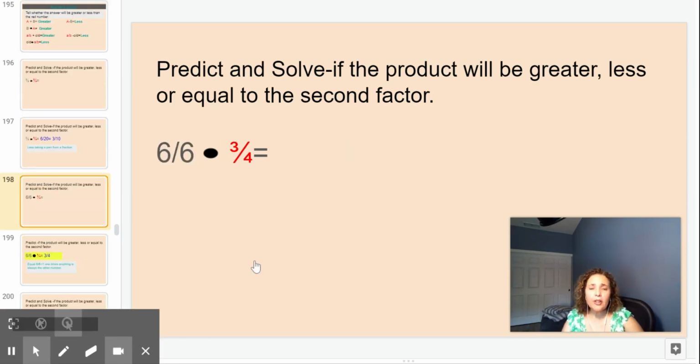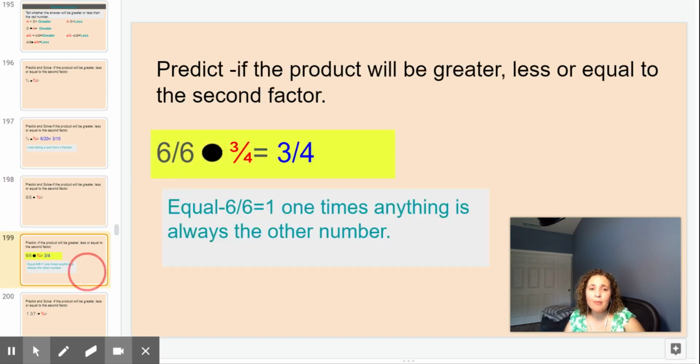All right, let's take a look at this one. What do you think? 6/6 times 3/4. Is my answer going to be greater, less, or equal to 3/4? This one's a little bit tricky, but remember that 6/6 is the same thing as one whole. 6/6 means one, and when you multiply one times anything, it's always the other number.